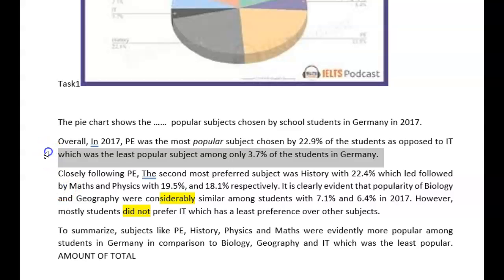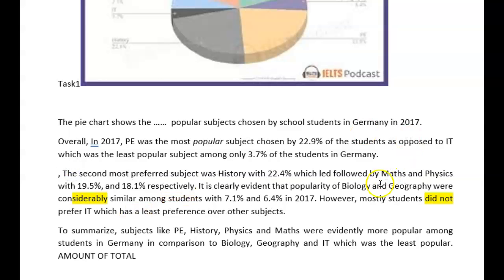No, all right, sorry. Go back to what you said. Forget that, because otherwise we're going to get into a really complicated. I'm just going to move all of it around, which I don't need to. Yours is perfectly fine. The second most preferred subject was history with 22.4%, which was followed by maths and physics with 19 and 8, respectively.